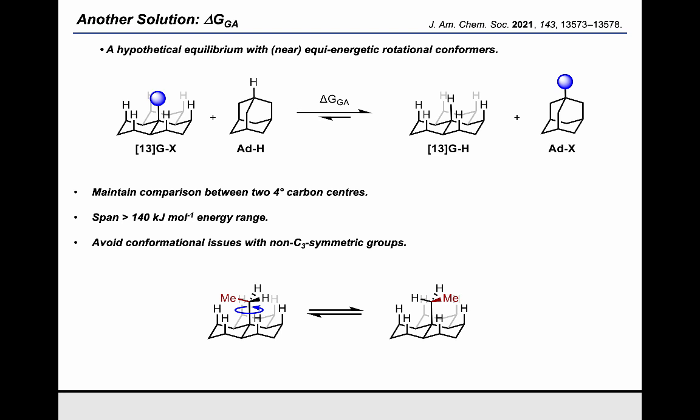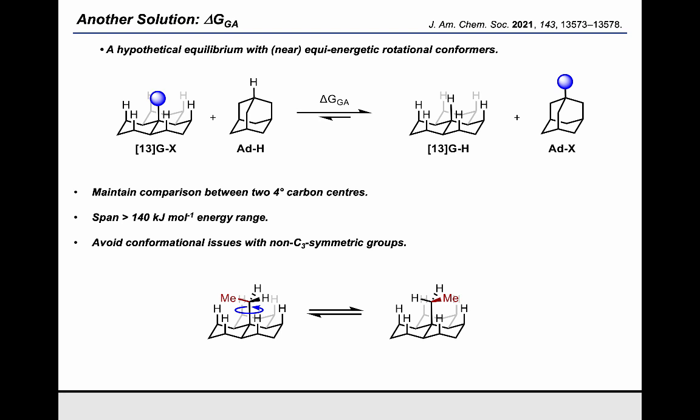Importantly, because we're breaking and making bonds in this case, we're maintaining 2 different molecules where the substituent is attached to a quaternary center. So we're not going from, say, a quaternary to a primary or anything like this. There's minimal electronic impact. And what we'll see from some of the data is that we actually span a really large energetic range with our parameter, and this effectively means that we can have high confidence in the computational results, and much less error than comes in with calculations of things like A values.